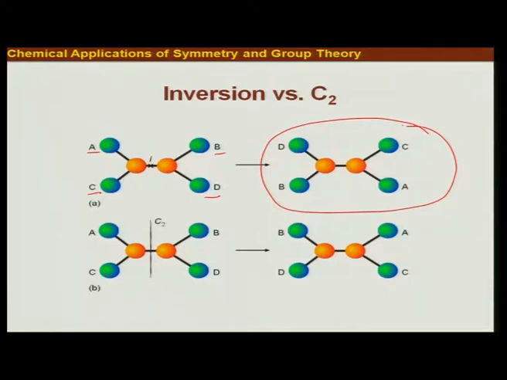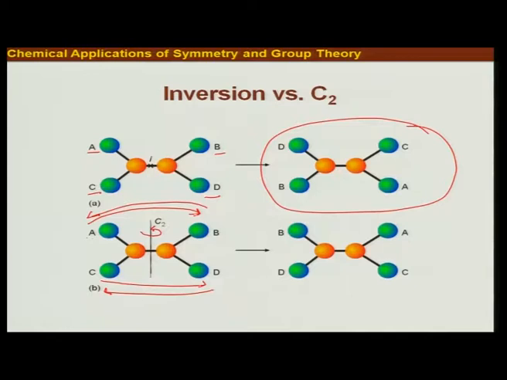Let's have a look at it. If you look at your screen, you can see a C2 axis which is in the plane of the molecule. So this C2 is not perpendicular to the plane of the molecule, but it is in the plane of the molecule. So what will happen? This C2 will make a rotation of 180 degrees. So this A will now go to this place, C will go to this place, and the others will come here and here.